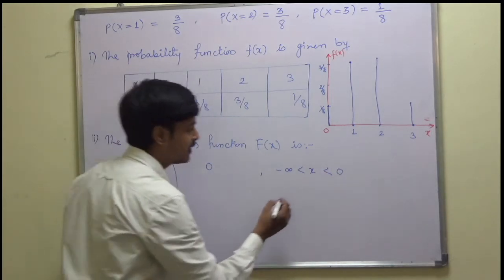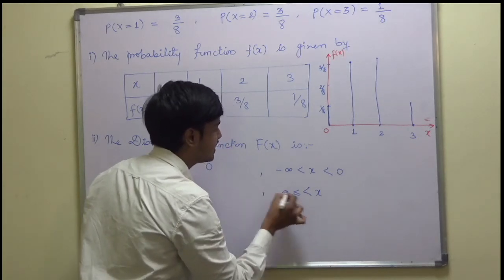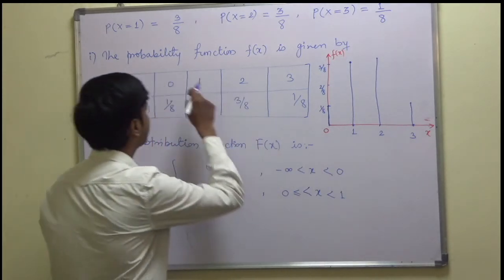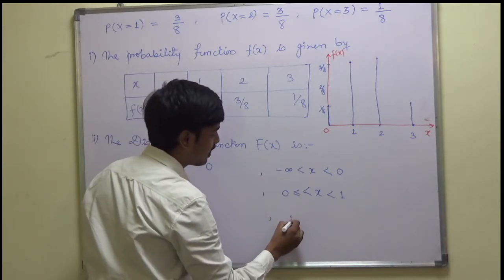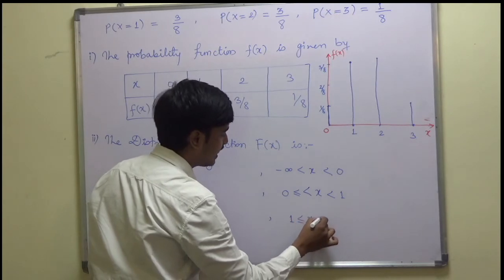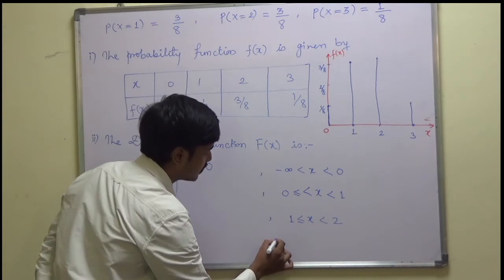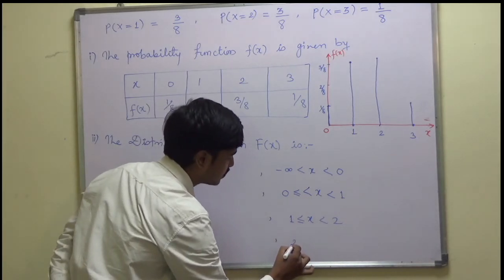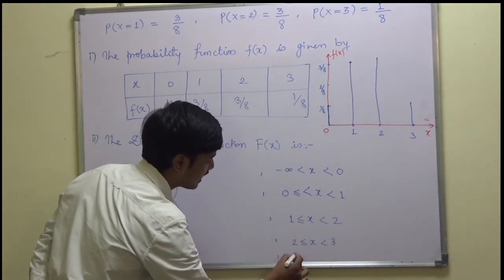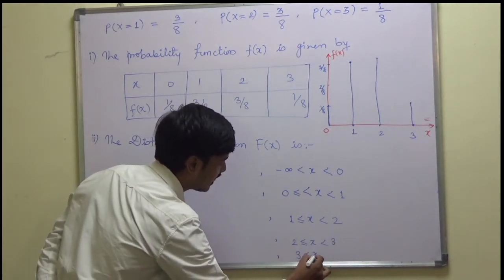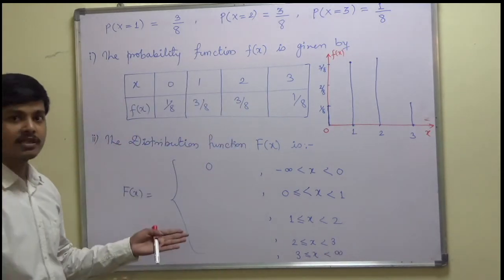Okay, so 0 for that, then 0 less than or equal to x less than the second one, that is 1, and then we have 1 less than or equal to x less than 2, and then 2 less than or equal to x less than 3, and at last 3 less than or equal to x less than infinity. Okay, so now you have to just substitute the values.